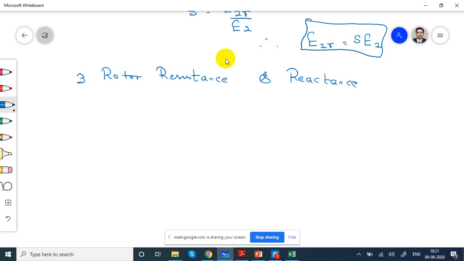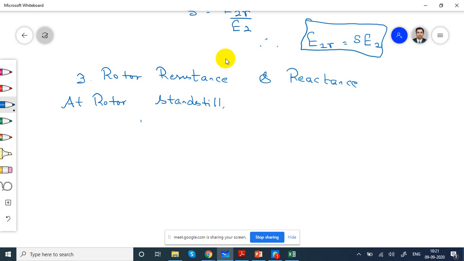Okay, reactance. At rotor standstill, we have to set the notations.